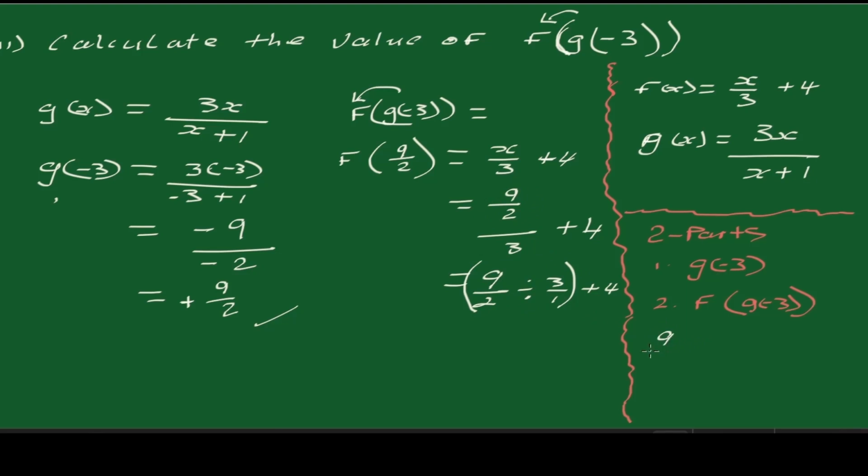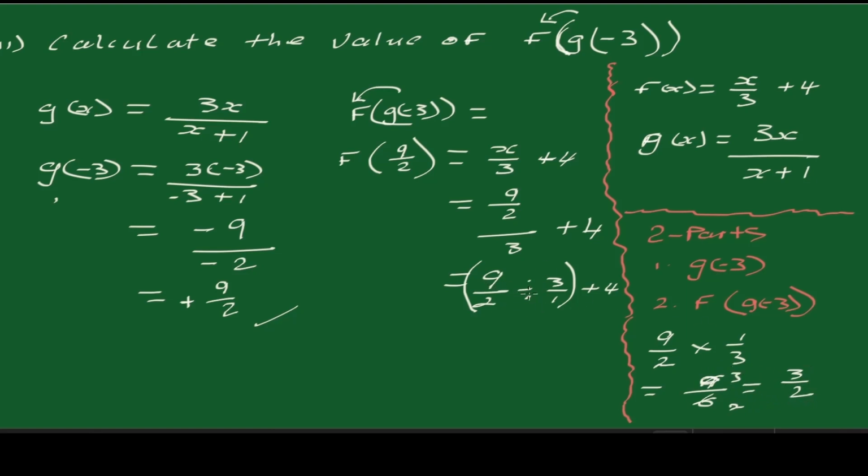With 9/2 divided by 3, we don't divide fractions, we multiply. So we change the sign to multiplication and we invert the second fraction, so we put 1/3. So 9 by 1 is 9, and 3 by 2 is 6, giving 9/6. This could be further reduced to 3/2, because 3 cancels out.